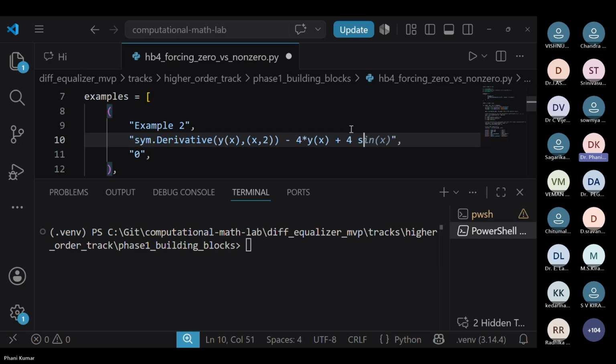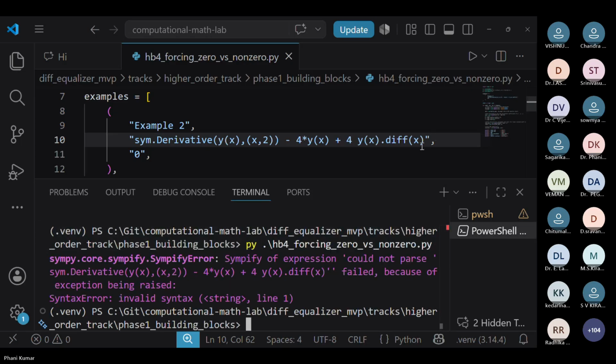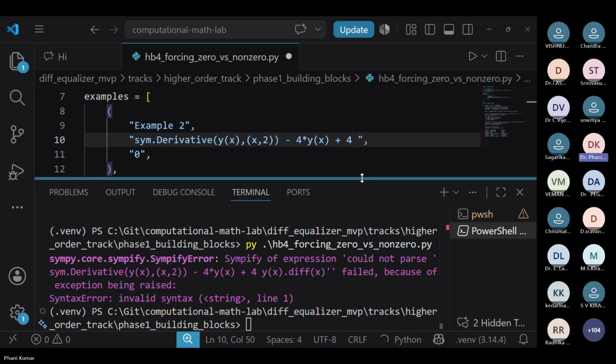y of x. That is 4y. So by running the program, it is 4y.